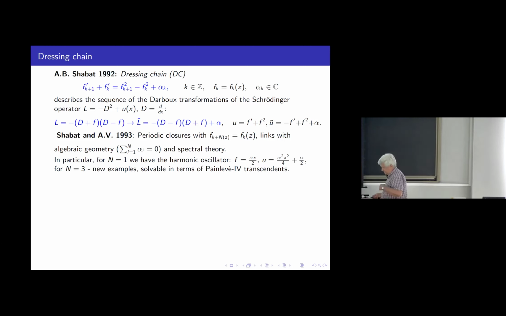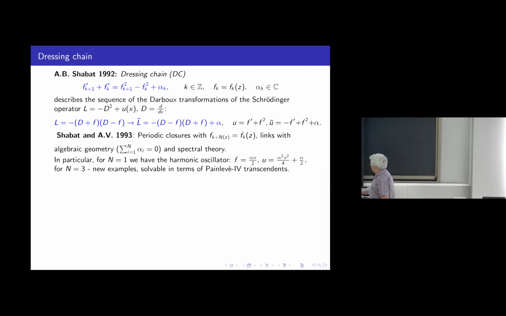So what is called the Novikov equation of the stationary KdV hierarchy turned out to have a very special, very interesting relation to spectral theory, also linked with algebraic geometry, namely hyperelliptic curves.